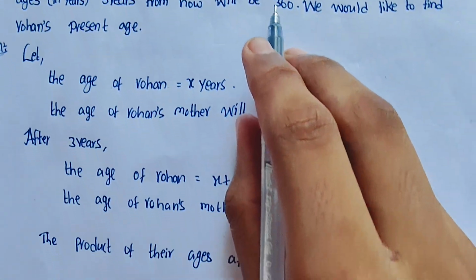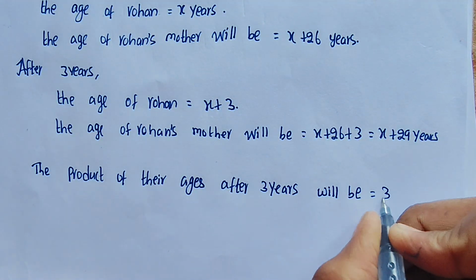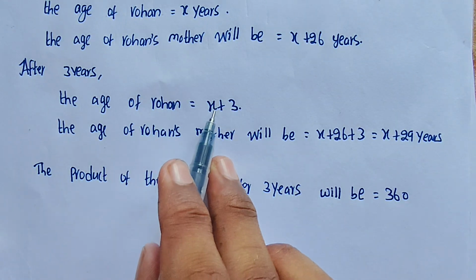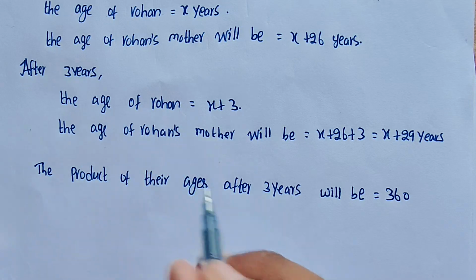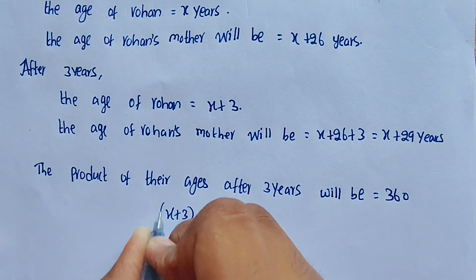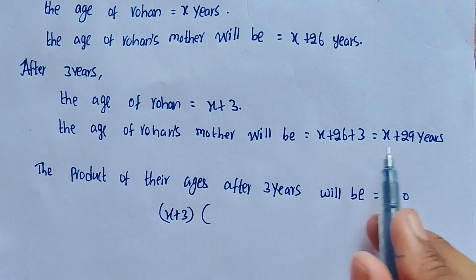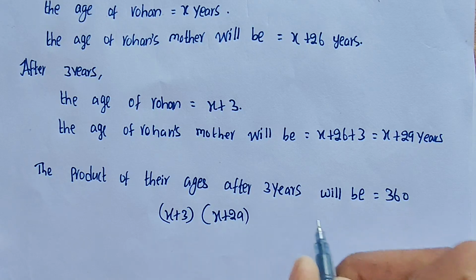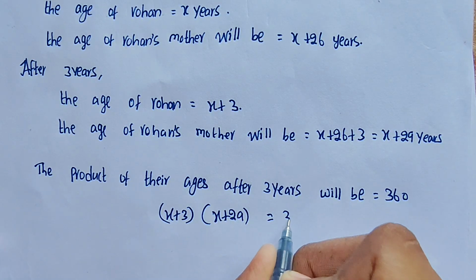In the problem he said will be 360. So equals 360. So what are the ages after 3 years? The age of Rohan is x plus 3, into the age of Rohan's mother, x plus 29, equals 360.